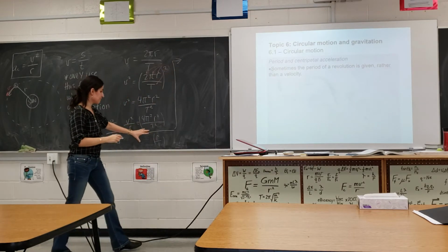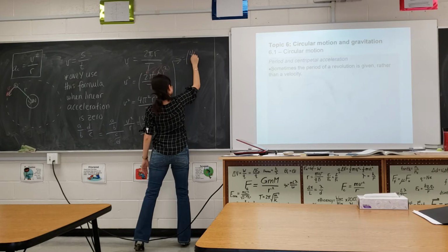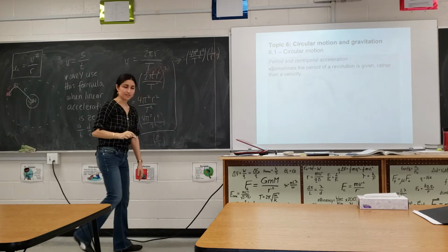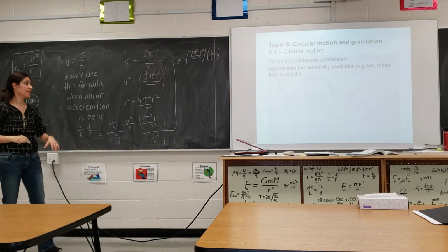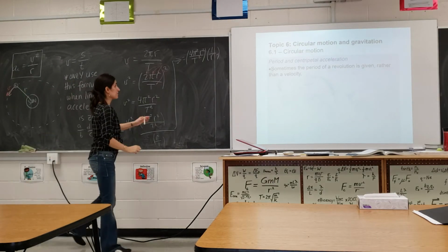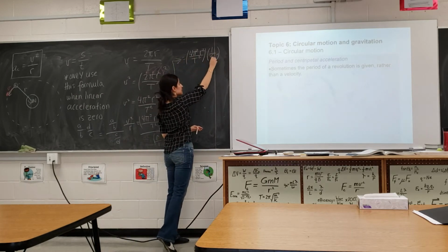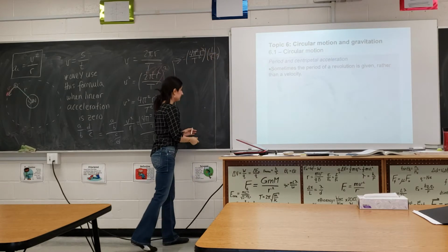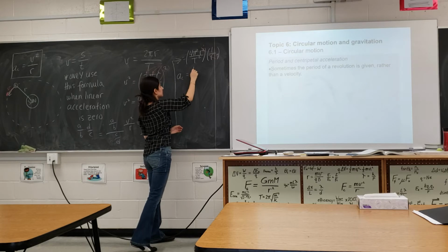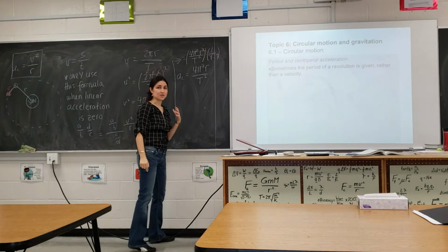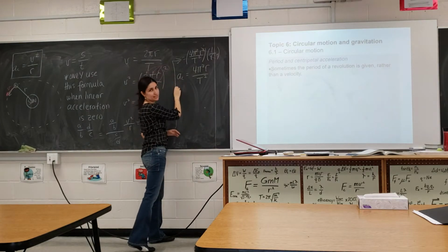So instead of dividing by r over 1, I'm multiplying by 1 over r. And I have an r squared in the numerator of the first piece, and an r in the bottom of the second piece, so one r from each piece will cancel. That leaves me with the correct relationship between centripetal acceleration and the period of the motion.